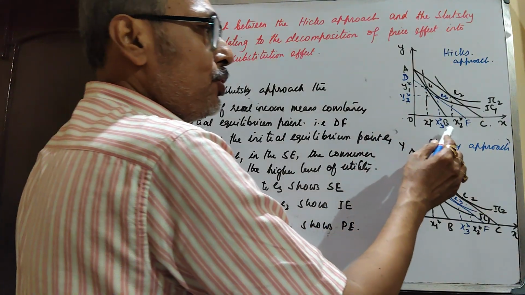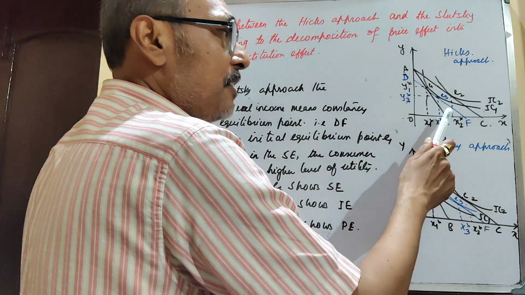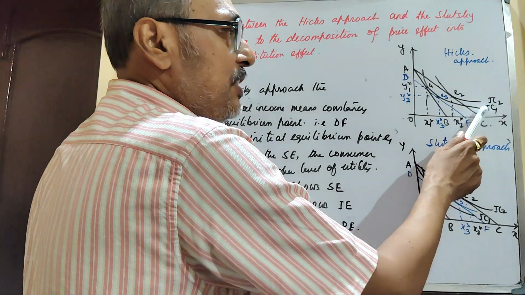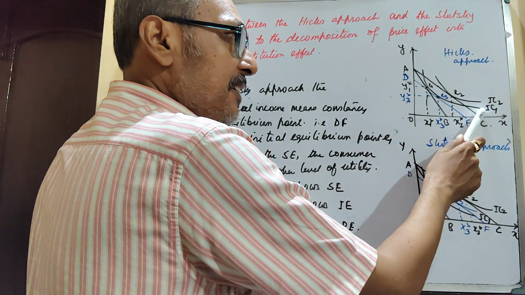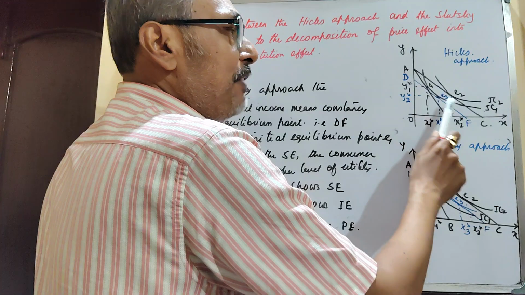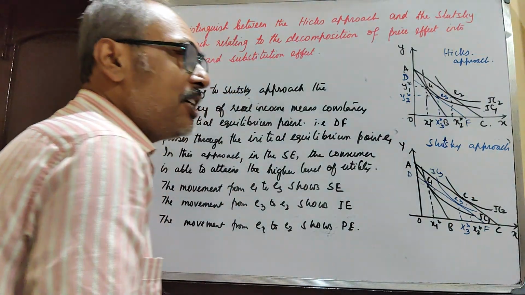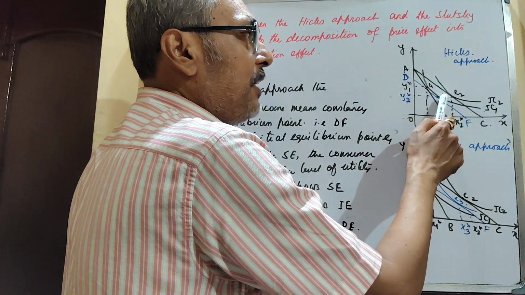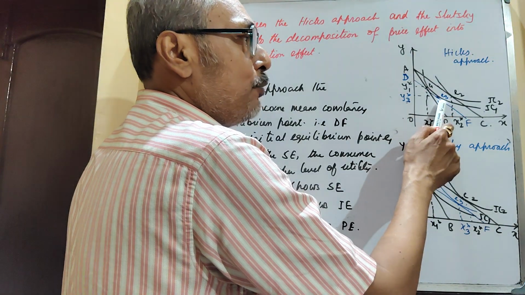In Hicks approach, in the case of substitution effect, the consumer is able to attain the initial indifference curve, the initial level of utility remains constant. The movement from E1 to E3 is the substitution effect.